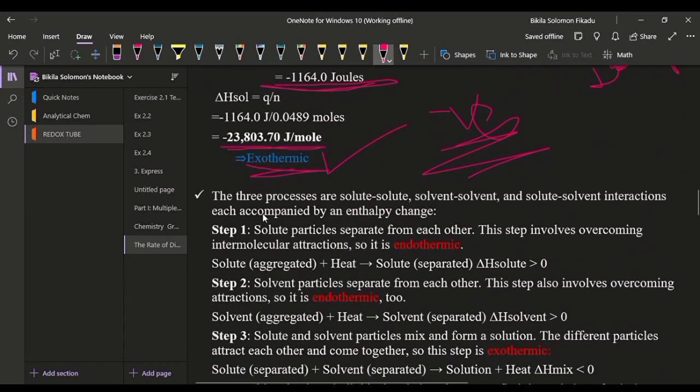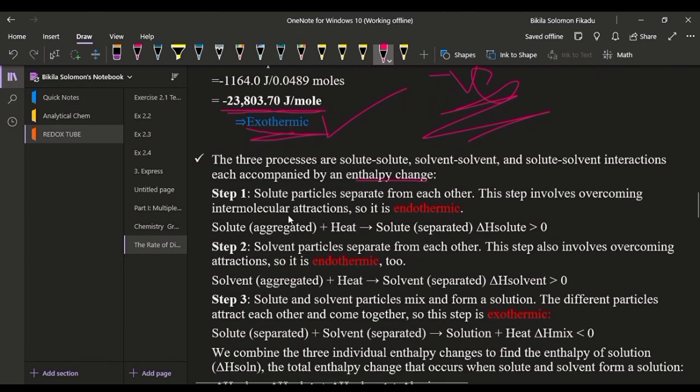So the other one is: the three processes that are solid-solid, solvent-solvent, and solid-solvent interactions are accompanied by enthalpy changes. So the first step is solid particles separate from each other. This step involves overcoming intermolecular attraction. So it is an endothermic reaction. Endothermic means when solid particles are separate from each other.